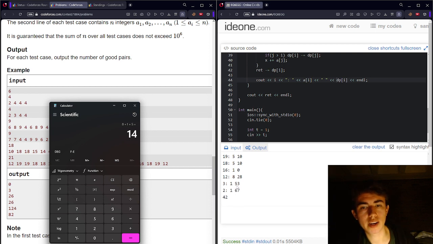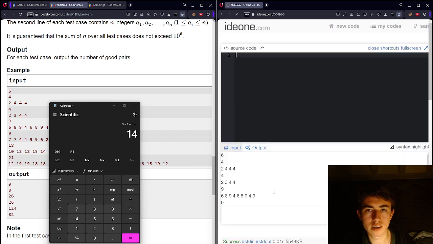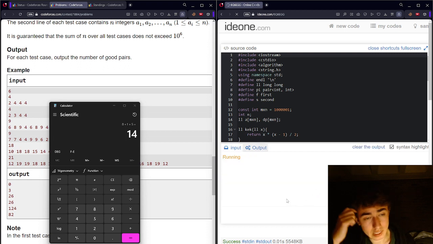Okay, there's a problem, right? 12 and 18. We're adding the pairs of 12 and 18, but we're not subtracting. What is it doing? Yeah, so we're not subtracting out the pairs with 12 and 18.